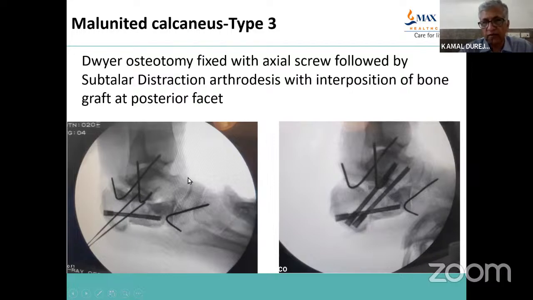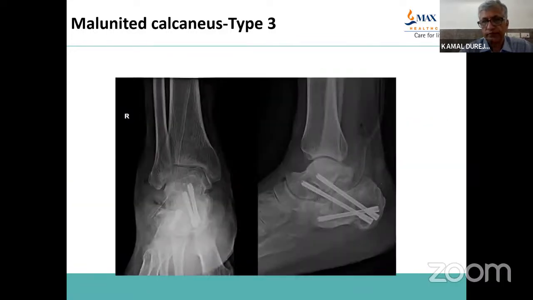And then you pass your screws for the subtalar fusion. So that's how the final result comes: the heel is lying in the center, orientation is normal now, and the height is also achieved.